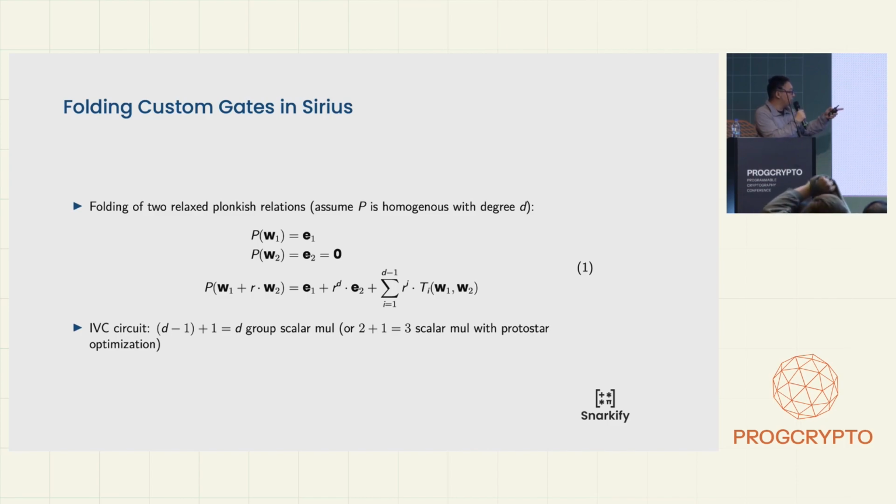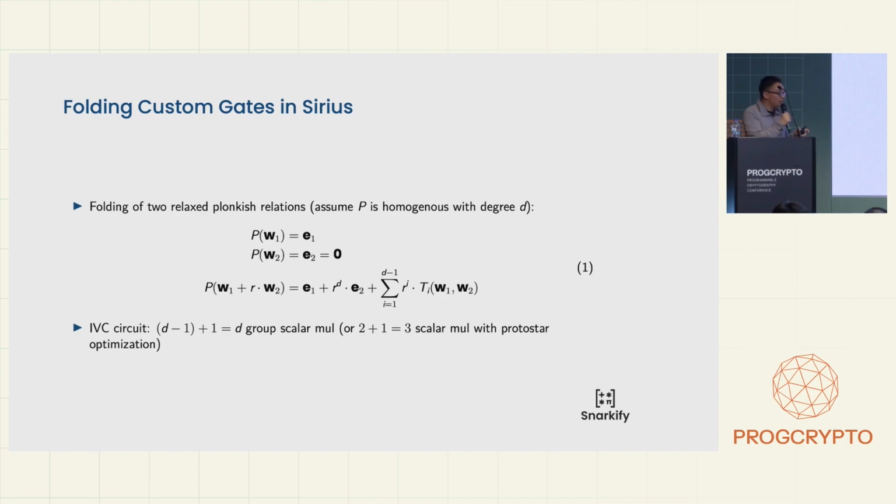So basically, E1 is the error vector from the first instance or first witness, and E2 is the error vector from the second one. And when you do the folding, you actually get a bunch of cross terms. Each Ti is a vector. And as you can see, you can calculate the folded error vector in terms of the previous two, together with some cross terms.